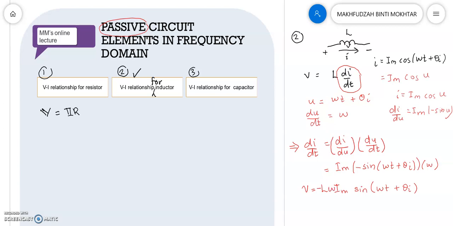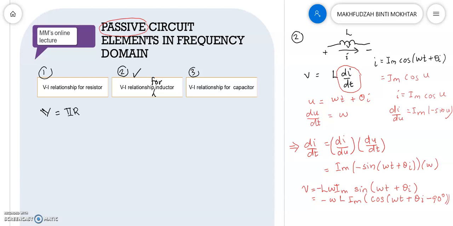So I have negative L omega Im multiplied with sine omega t plus theta I. Because we need a function in terms of cosine, I will write this V now with the omega in the beginning. So I have negative omega L Im, and we know that the relationship of cos and sine is sine omega t plus theta I equals cos omega t plus theta I minus 90 degree. So I put this bracket again.